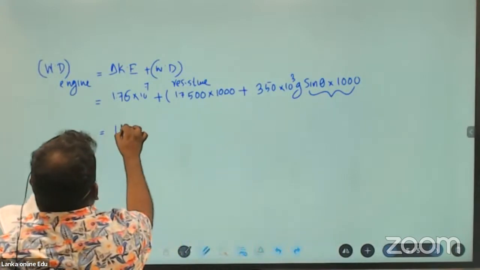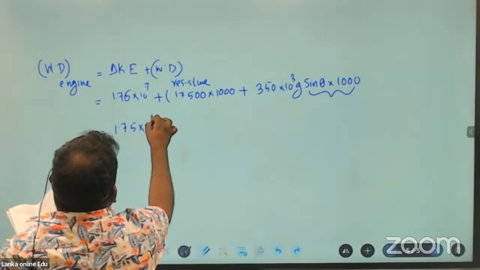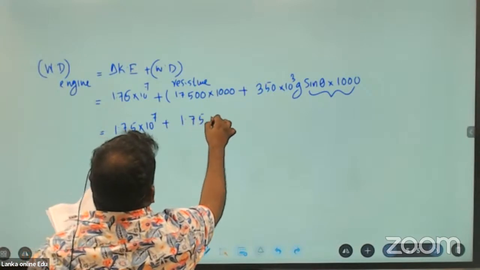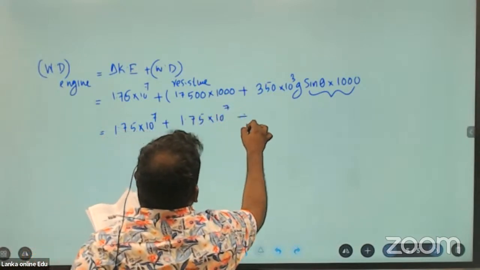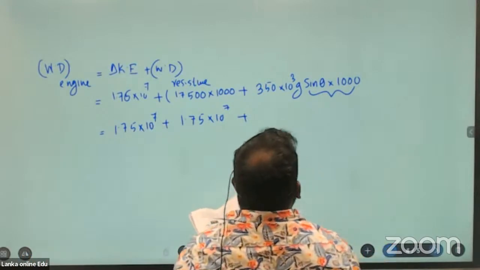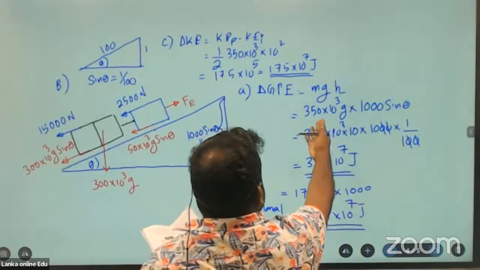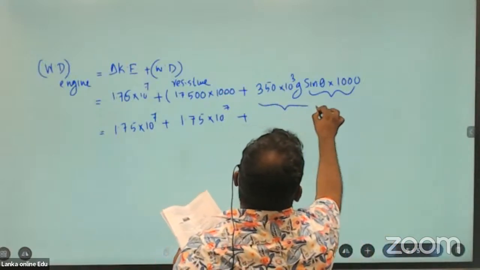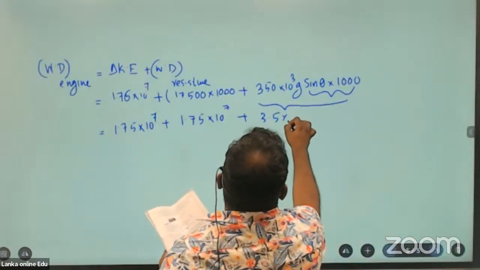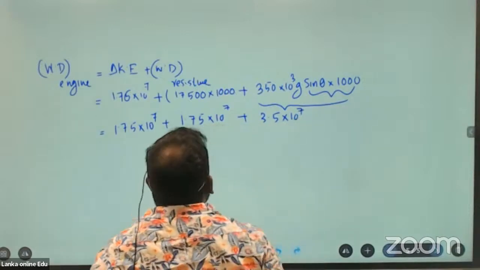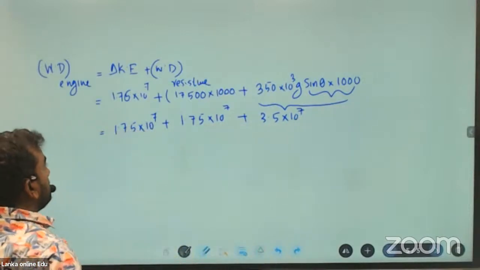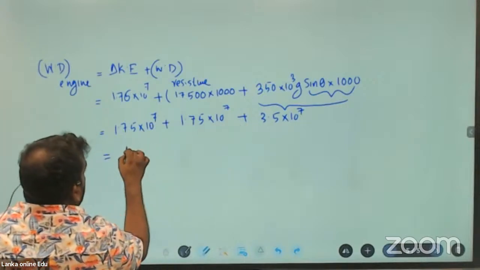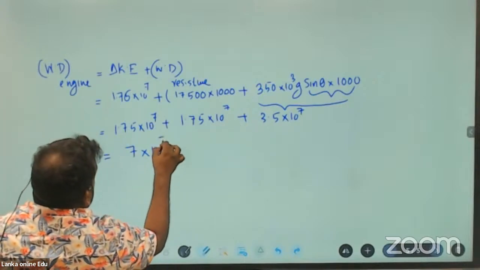So carefully, 1.75 × 10^7, this part is also 1.75 × 10^7, and this part, 350 × 10^3 g times height, we have done: 3.5 × 10^7. Okay? Simplify this: 1.75, 1.75, 3.5, 3.5, 3.5, 7 × 10^7 joules.